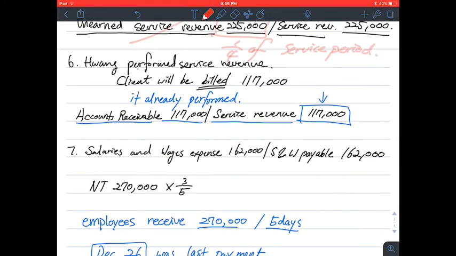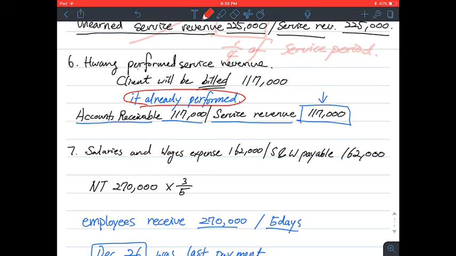Okay, let's go to number 6. Huang performed consulting service for a client in December 2017. The client will be billed net $117,000. So it's very simple. So it has already performed service. So we have to recognize the service revenue.